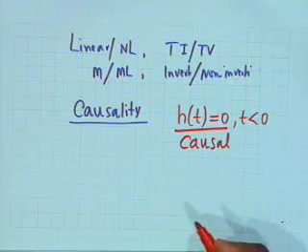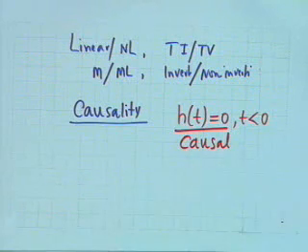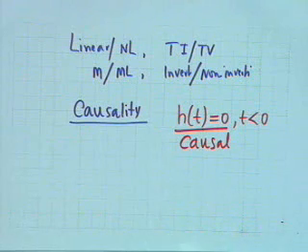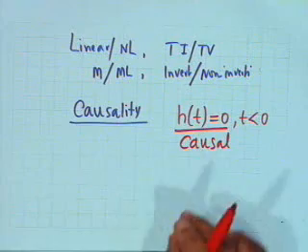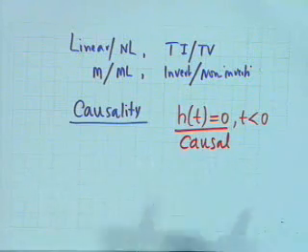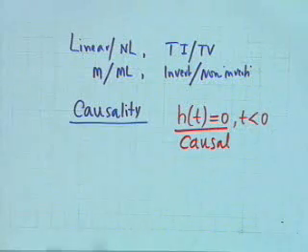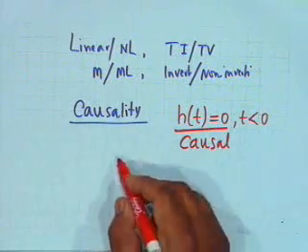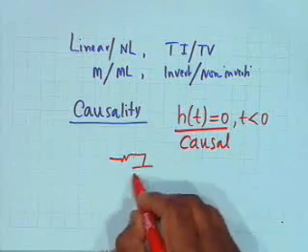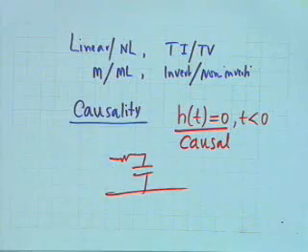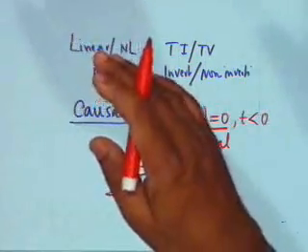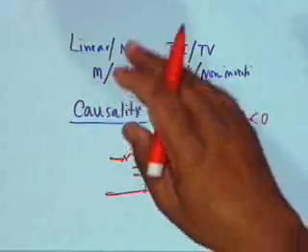We are not saying anything about t greater than 0. How come? Well, the response can be delayed. If it is a memory system, then h of t can be non-zero for t greater than 0. Apply an impulse, for example, to an RC circuit. The capacitor charge rises instantaneously and then decays.